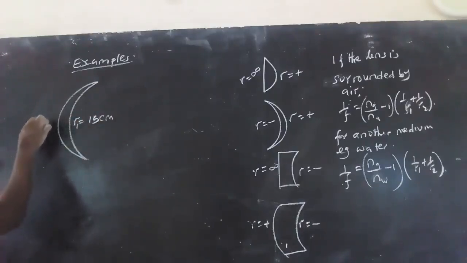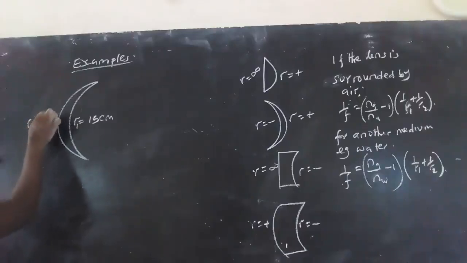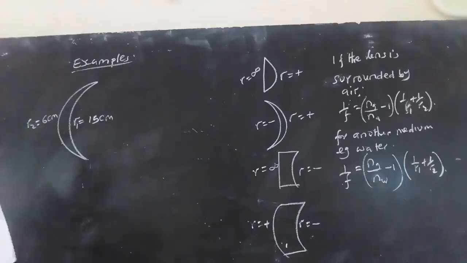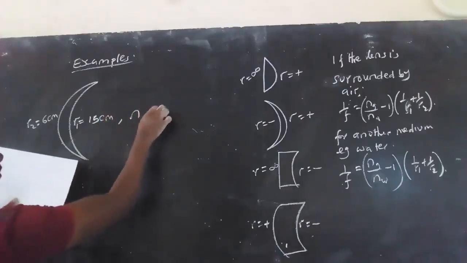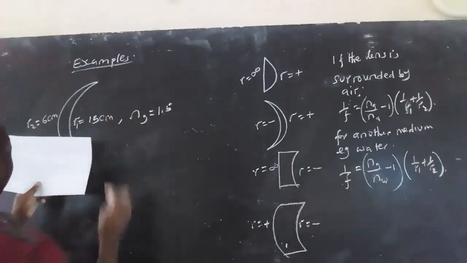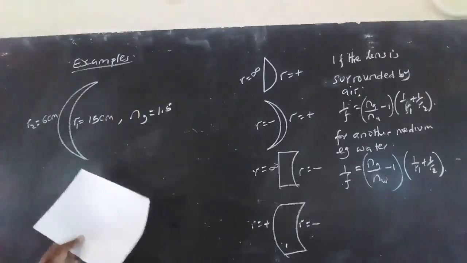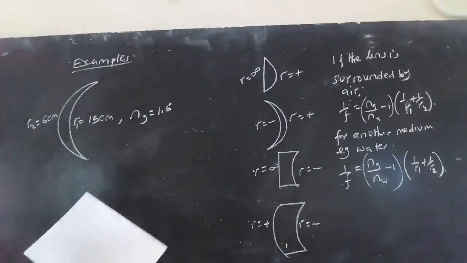Then R2 will become 6 centimeters. This one is so much curved. That's the smaller radius of curvature. Then they're asking us, the effective index N of glass is 1.5. So the question goes, calculate its focal length when surrounded by air.